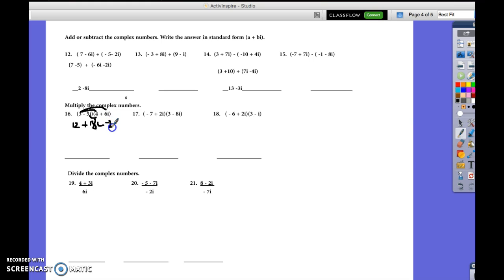So that would be a negative 20i. And finally, negative 5i times a positive 6i will give you 5 times 6 is 30. That will give you a 30i. And it's really i from here times i. It's going to be i squared.